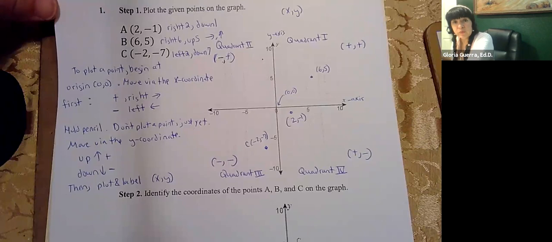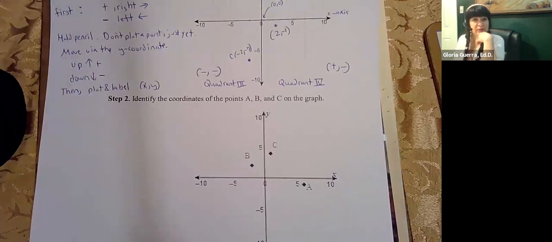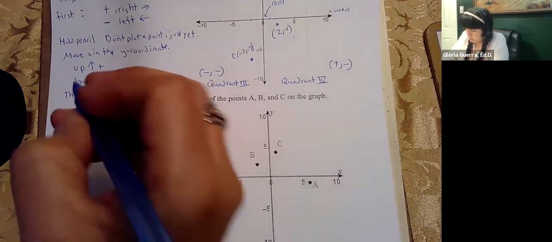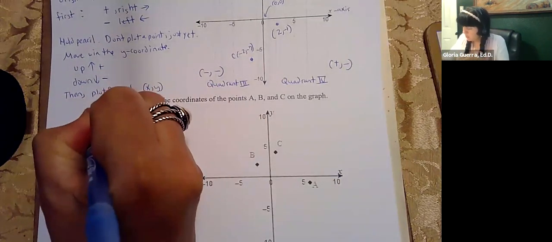Now number 2, we really can't do because the lines didn't come out. Here they give you the coordinates and they want you to identify where the points are. My lines are really, really light. Let me see if I have something in my answer key in here. Yeah, I do. So like A, we're going to just estimate.